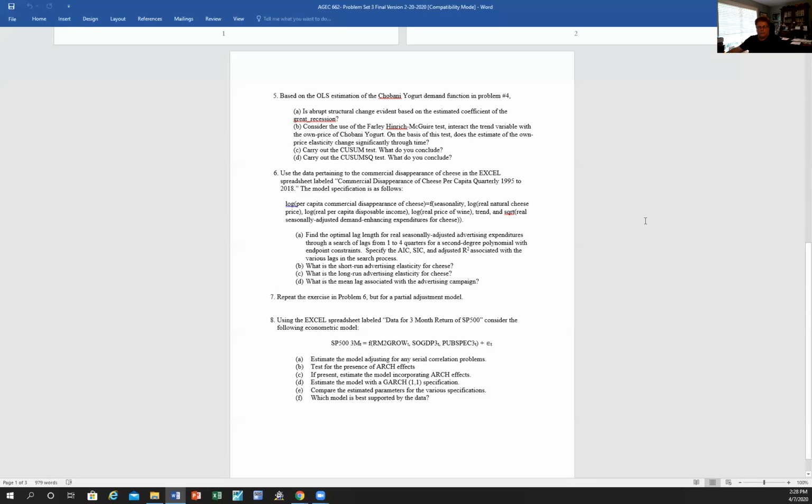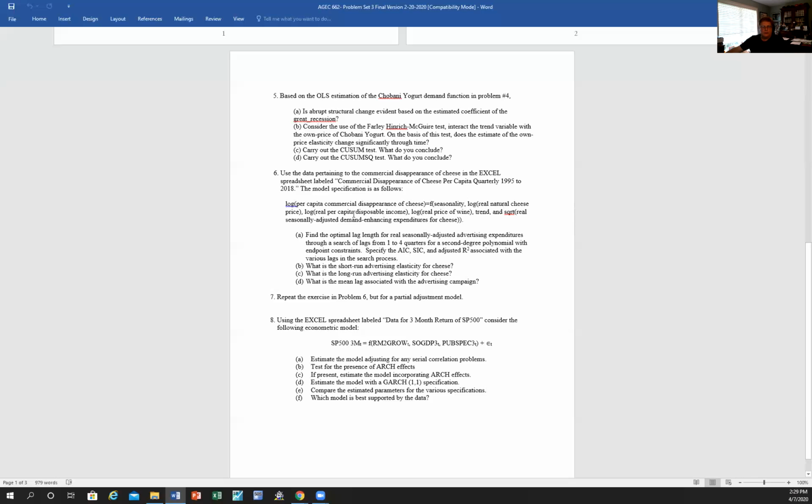And it's the coefficient of adjustment that allows us to be in a position to calculate the short run and the long run elasticity. So you should have gotten a long run elasticity for the natural price of cheese by taking its estimated coefficient and dividing by 1 minus the coefficient of the lagged dependent variable.